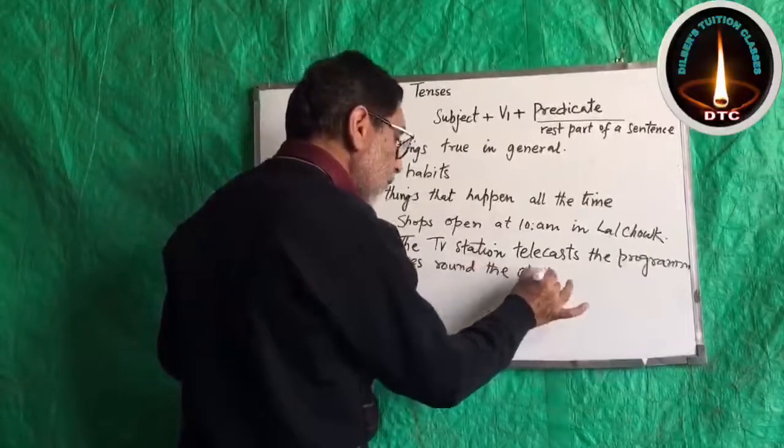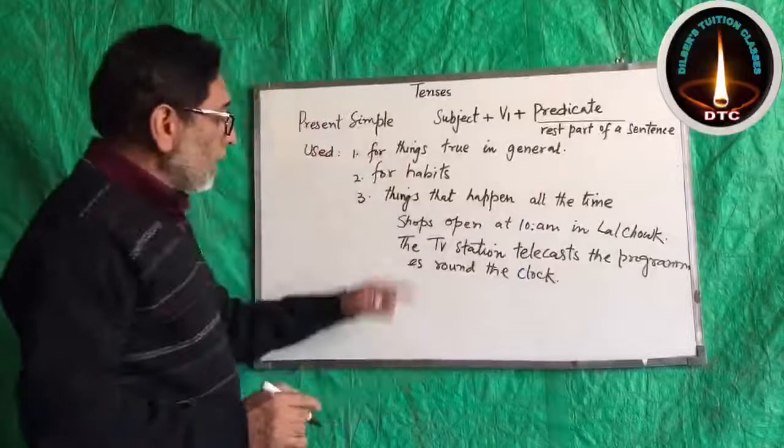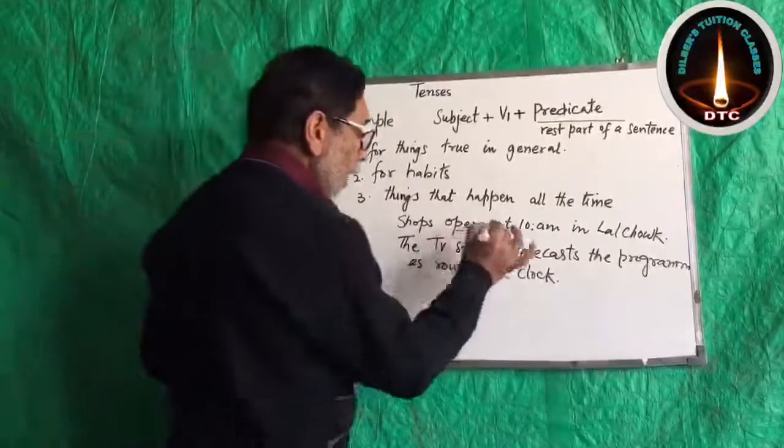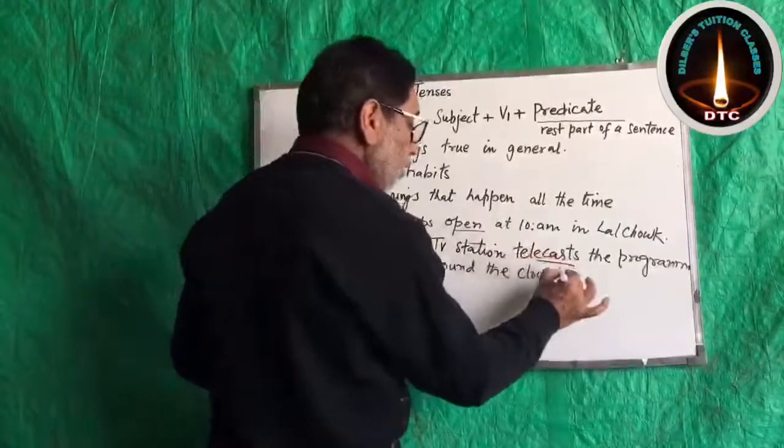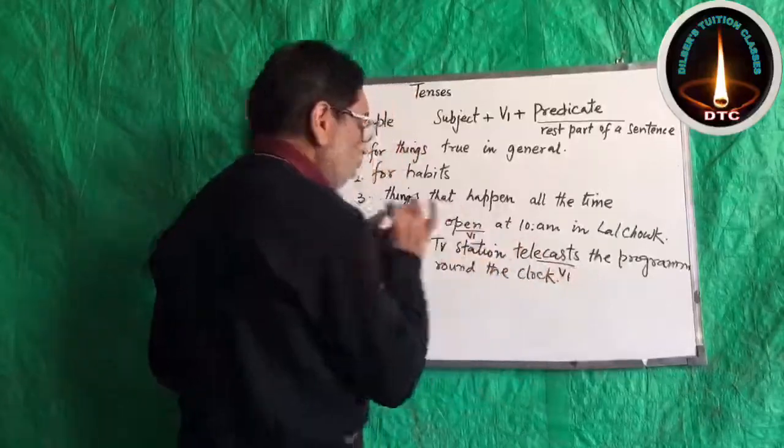So these are the things that happen all the time. You can see open and you can see telecasts. These are the verbs over here.